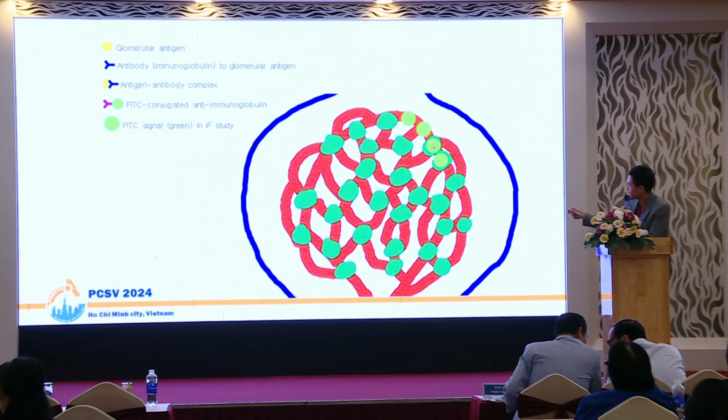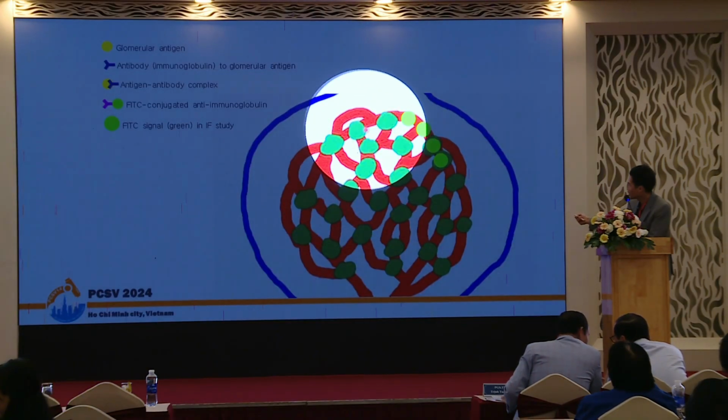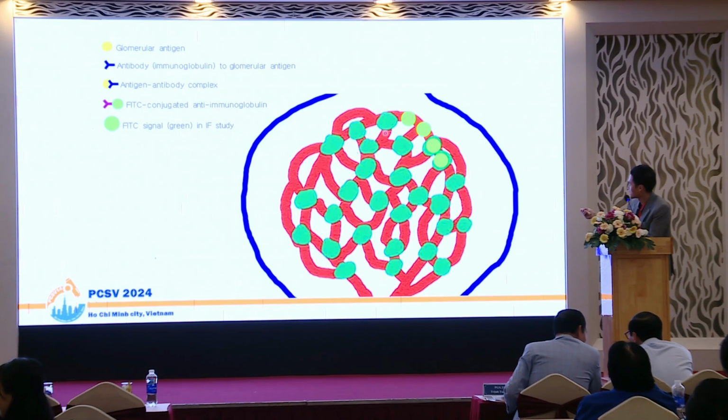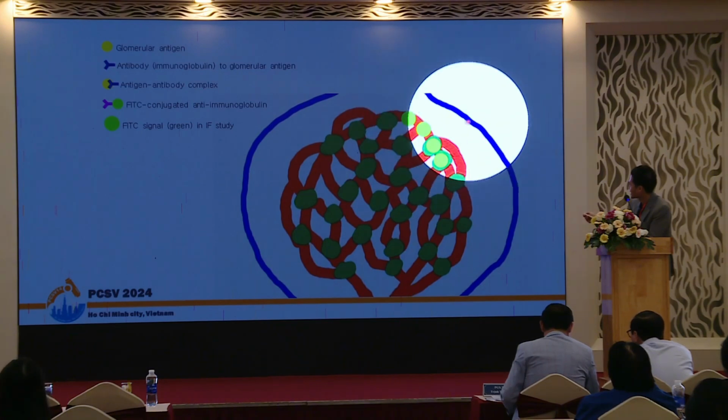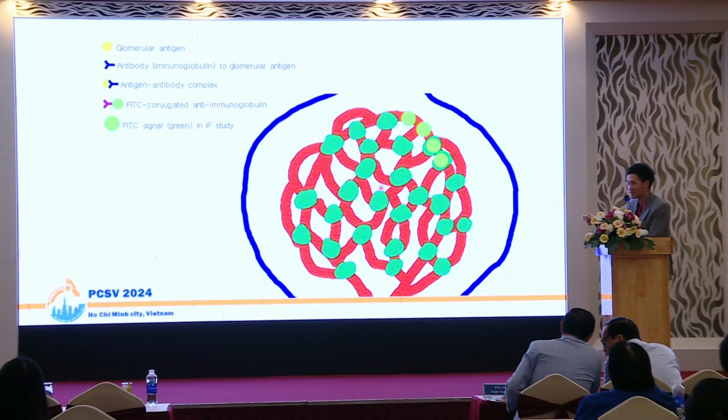So if we see IgG IF positive, like this signal, we can say there are IgG autoantibody here. And if we see IgA IF signal, we can determine there is IgA autoantibody.